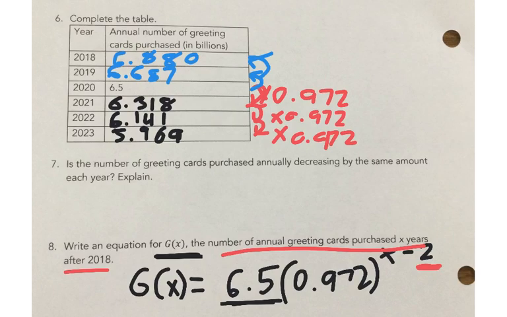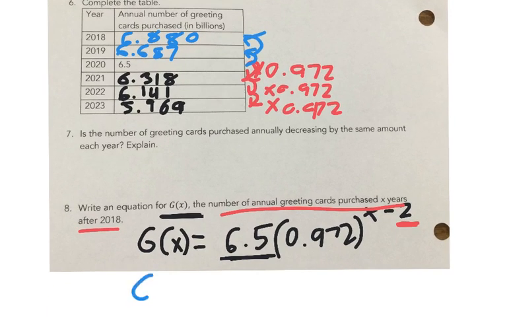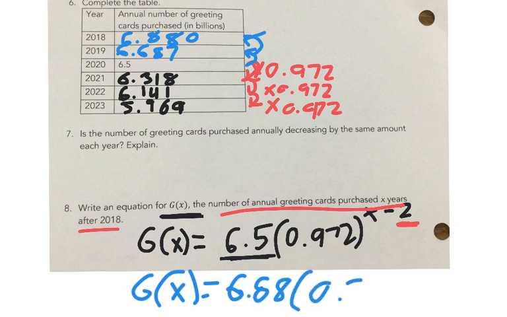So another way we could write this formula, because now we know what it was in 2018, is 6.88 times 0.972 raised to the x.